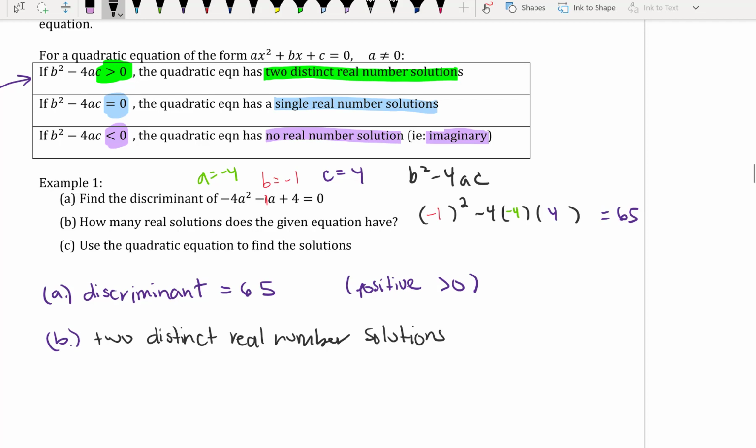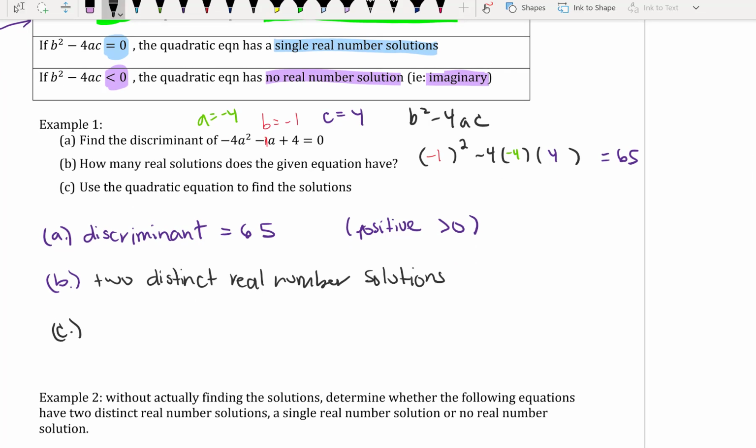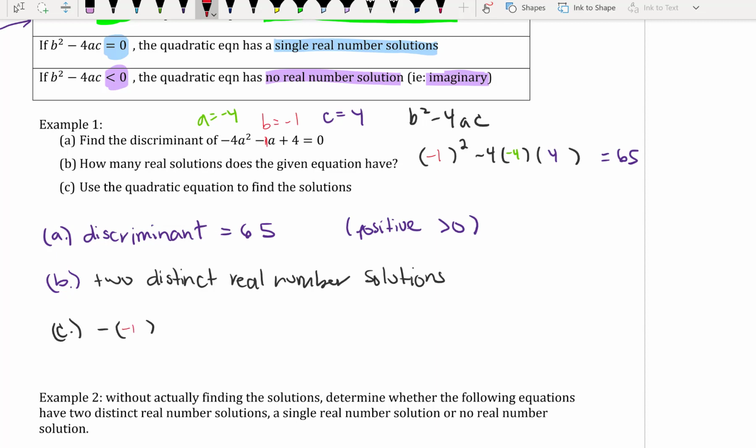For part C, it says use the quadratic equation to find the solutions. So you already did half the work. I have a negative, and that b value that I'm plugging in is a negative 1, and I have plus or minus the square root of 65, because we already figured that out, all over 2 times your a value, which is a negative 4.